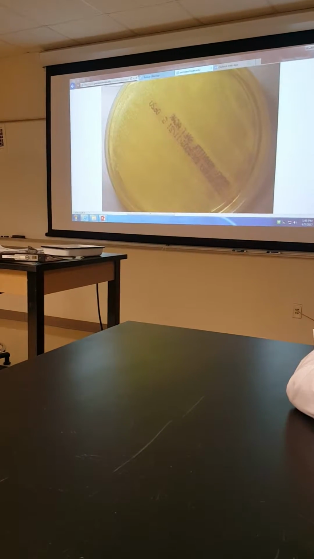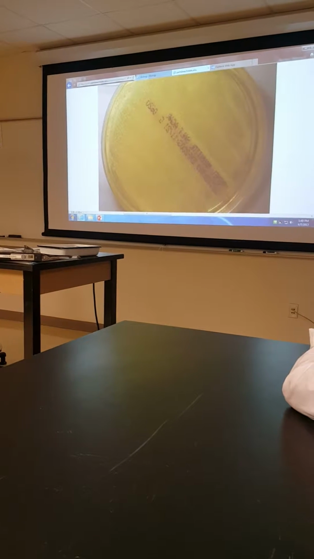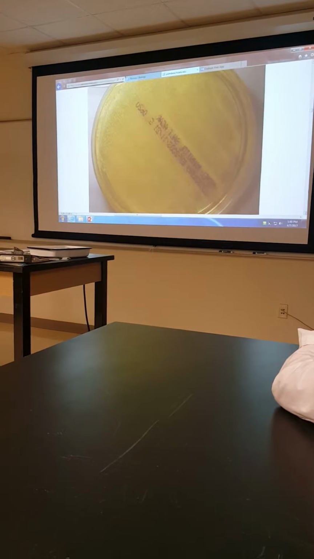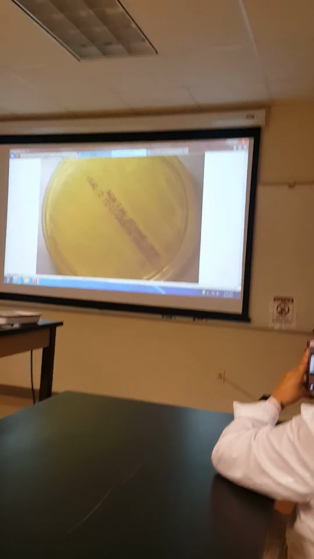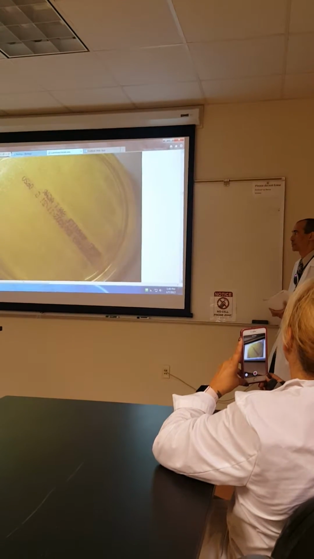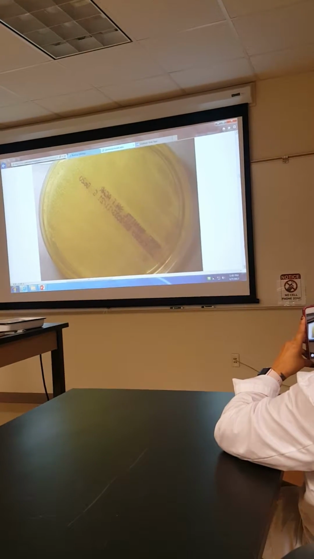Staph aureus ferments the mannitol to acid, which produces a color change from red to yellow, whereas the other staphylococcal species do not ferment mannitol, so we do not get the yellow color.